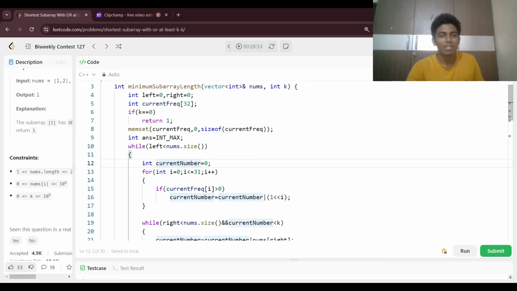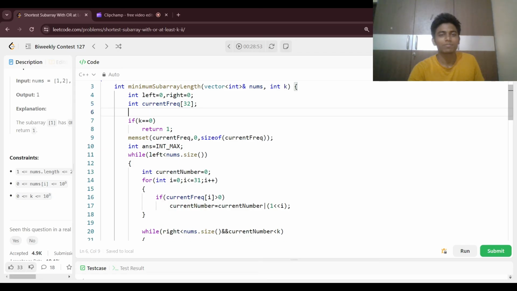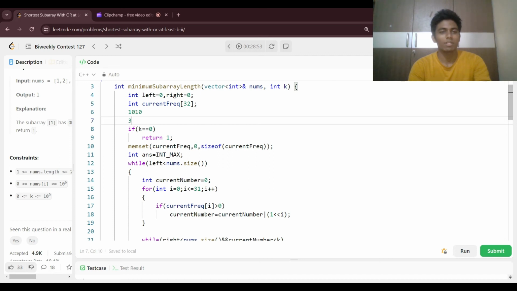Suppose I have 1010, then this is going to be third bit, second bit, first bit, and then zeroth bit. So this is going to store the frequency of this particular bit, considering all the elements which are present in this particular subarray. So that's what it is going to store.